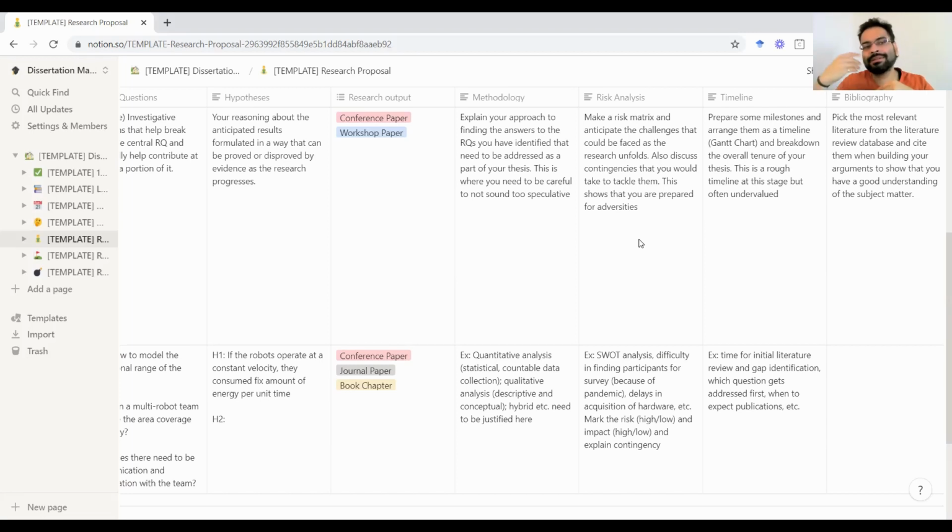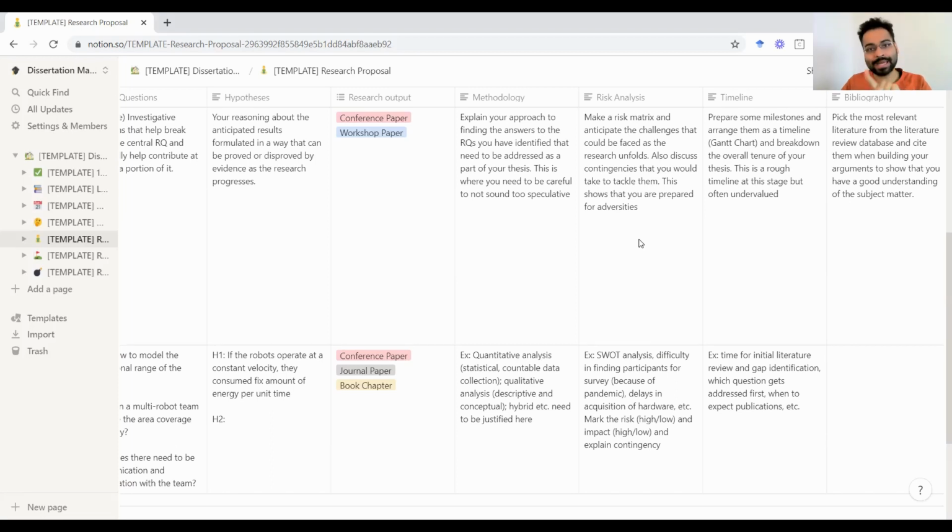So try and imagine things like that, and don't speculate too much, but already try to identify things that would have an impact or a risk of delaying your thesis. And basically this would be in the form of a table where you have identified a risk, and it could have the level of risk, could be high or low or medium.